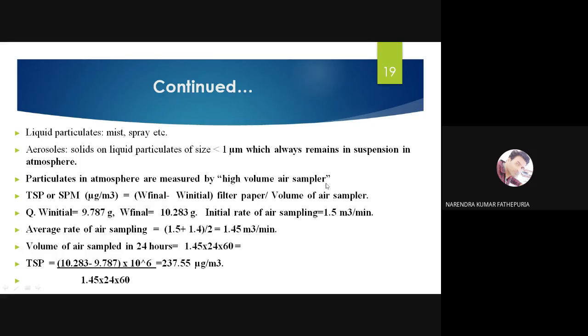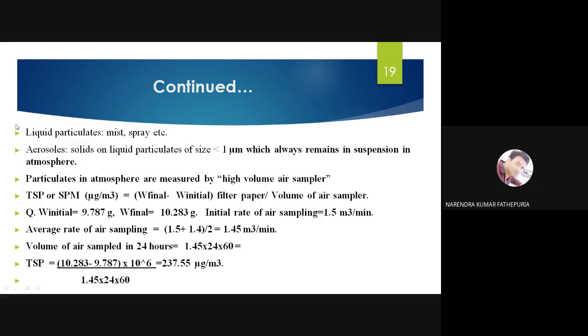If you have a high volume air sampler, you note the initial weight of the filter paper, and then the final weight after the suspended particulate matter has clogged on the filter paper. So final weight minus initial weight of the filter paper, divided by the volume of air sampled.